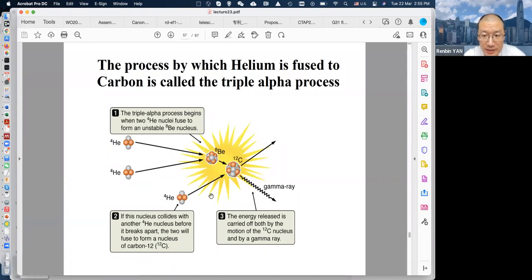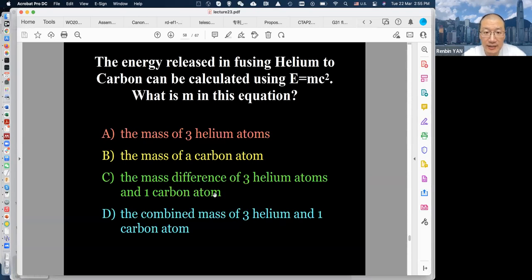So this is that process. And the energy released in fusing helium to carbon can be calculated using E equals mc squared. What is m in this equation? I didn't set up a Zoom poll for this, so you have to answer using the chat.